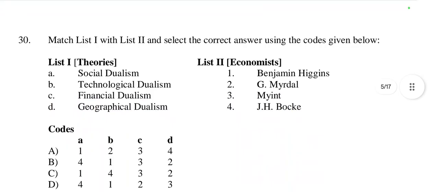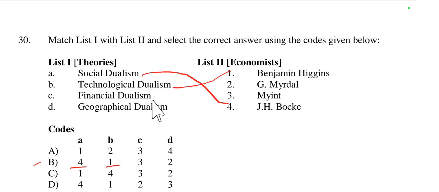Then question number 30. Theories and economists. Social dualism is related with J.H. Boeke. Technological dualism, Benjamin Higgins.